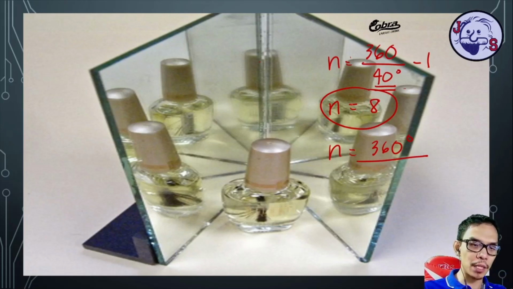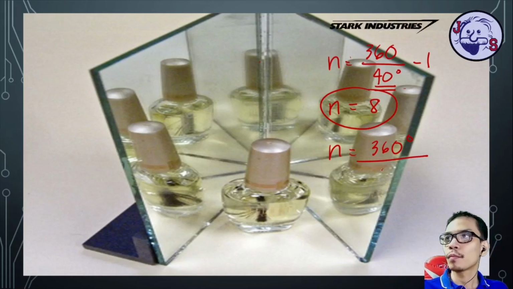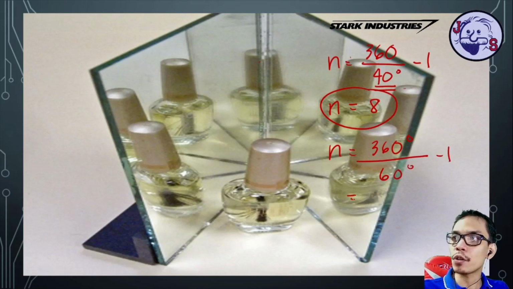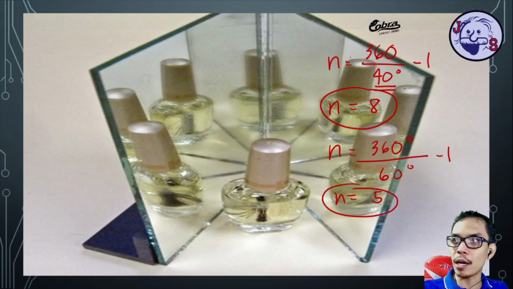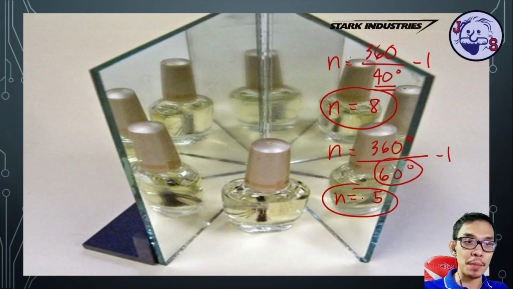So we can have 360 divided by 60. Then minus 1. So that will be 6 minus 1, that will be 5. So at 60 degrees arrangement, we can produce a total of 5 images.